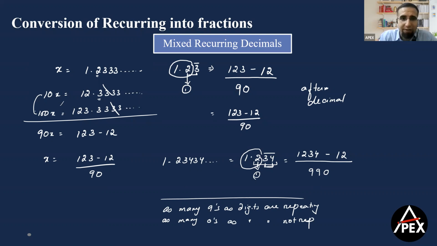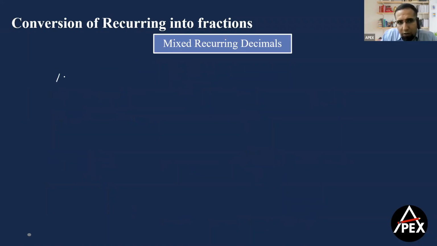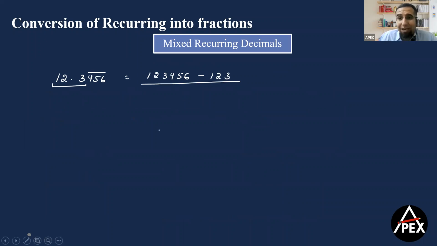Right? So let me take one more example for you guys. Let's just take one last example and we'll have a practice of this. Don't worry. Suppose I have 12.3456 and 456 is repeating. So I write the complete number once without a decimal, without repetition, right? I subtract the portion that is not repeating. What is not repeating? 1, 2, 3 is not repeating. Divided by as many nines as digits are repeating.